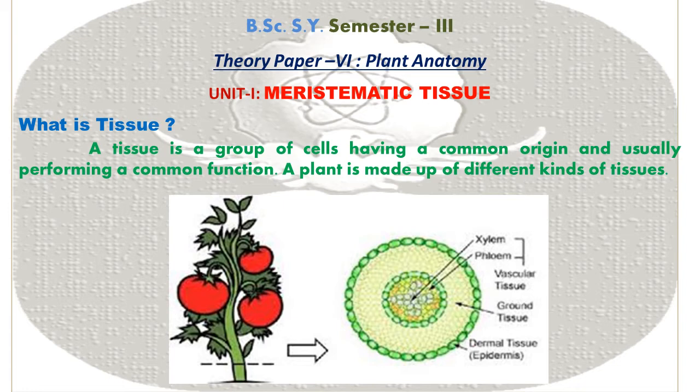This is the diagram of different types of tissue. These are xylem, phloem. These are vascular tissue, gland tissue, dermal tissue. These are the epidermis tissue.